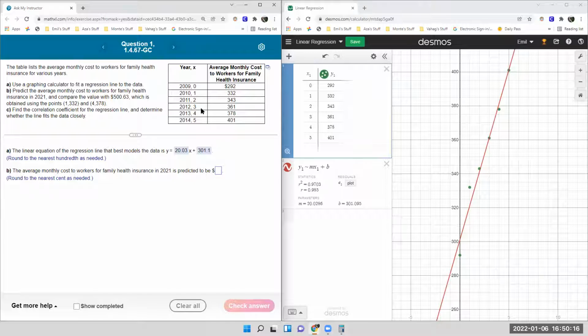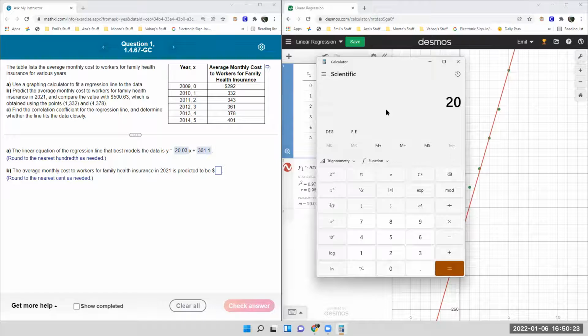So that means we're just going to enter 12 in for the X. Just to be sure, the year 2010 is 1 year after 2009, so that corresponds to 1. So in this case, it corresponds to 12. We're going to plug in 12 for X into this equation here. So I'm just going to multiply 12 by 20.03 and then add 301.1.